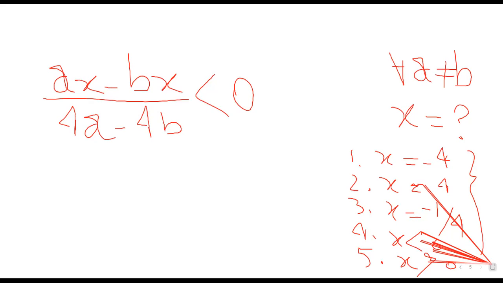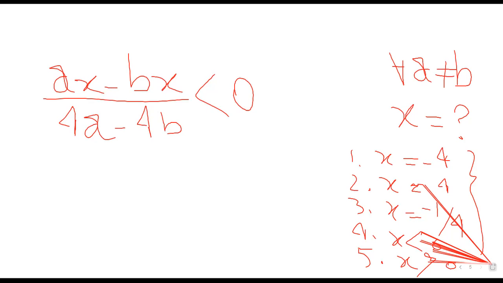How have you done this? Please speak out and explain. I multiplied 4a minus 4b on both sides, and then I got 4a minus 4b is not equal to 0.